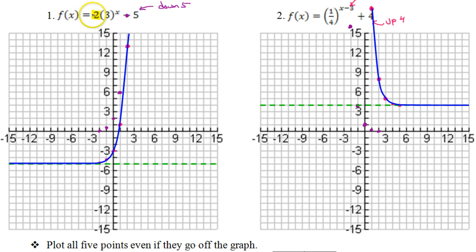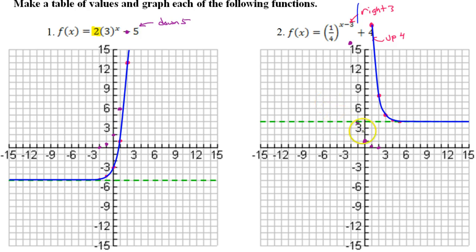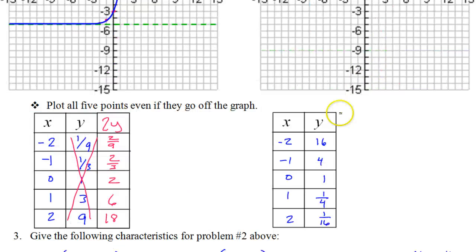It's not a reflection or anything. And for number 2, the range was from 4 to infinity. See the asymptote. So the asymptote really determines where the range is going to begin. When it's above the asymptote, it's going to be the asymptote to infinity.